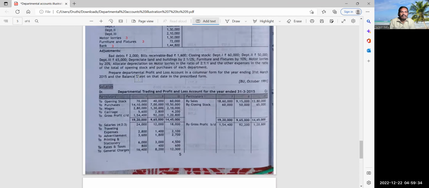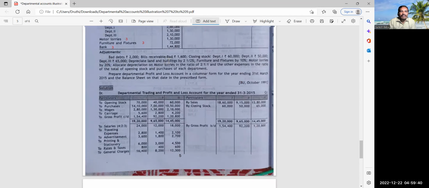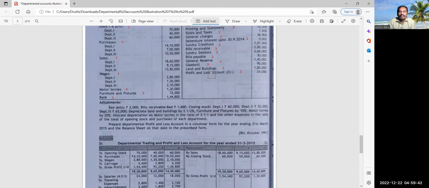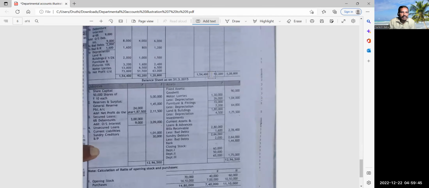Yeah. Adjustments, let us see. What is the adjustment? So sorry, profit and loss account, credit balance, correct? Only 1 minute. Profit and loss account, share capital, right? Reserves and surplus.